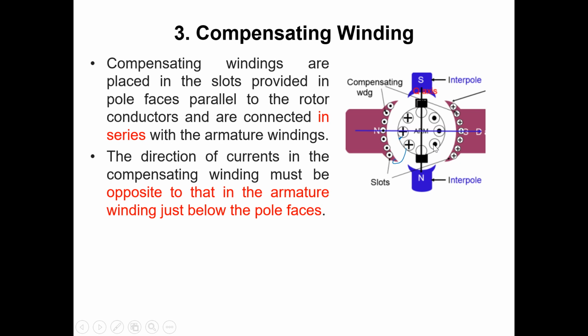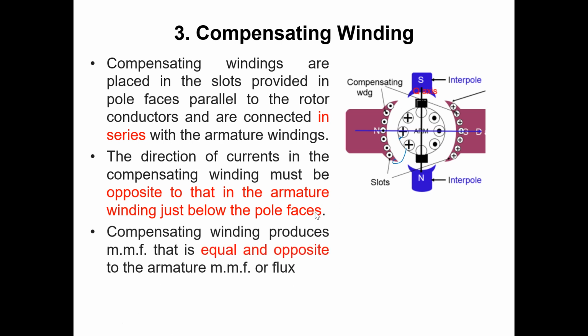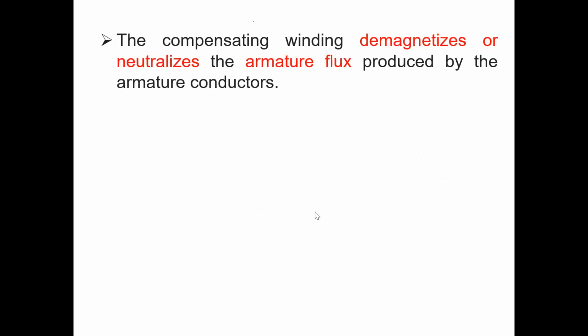See in this fashion, this will be dot, here will be cross. If these are in opposite polarity, there will be reduction in the armature flux. Compensating winding produces MMF that is equal and opposite to the armature MMF and flux. So this will be another technique.